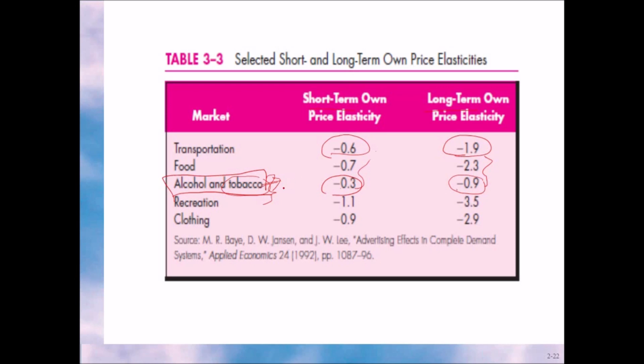But normally the government imposes high tax on these products because they want to regulate behavior and reduce consumption. But because it is inelastic, the demand does not change much, even though the price changes a lot. So that is basically what elasticity is.